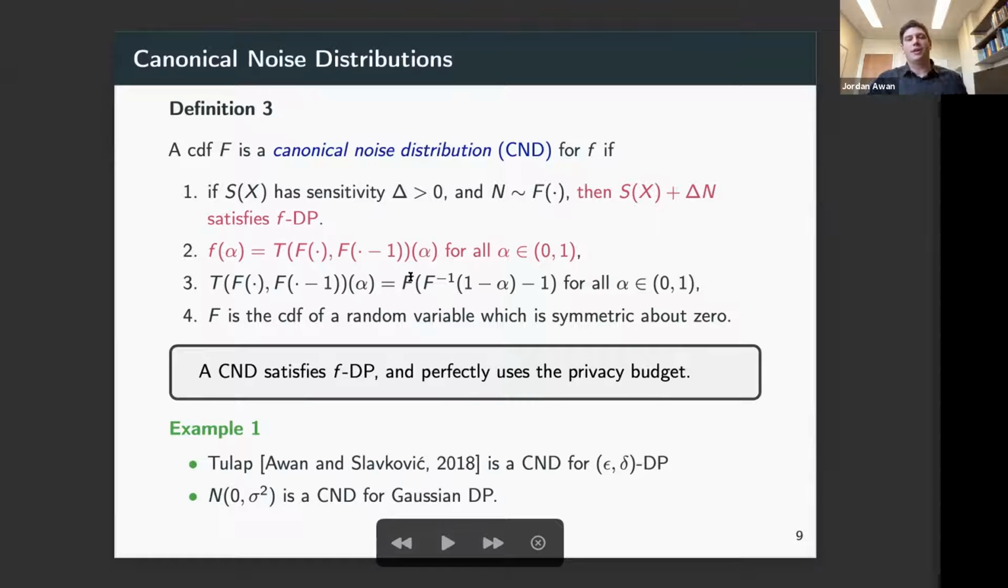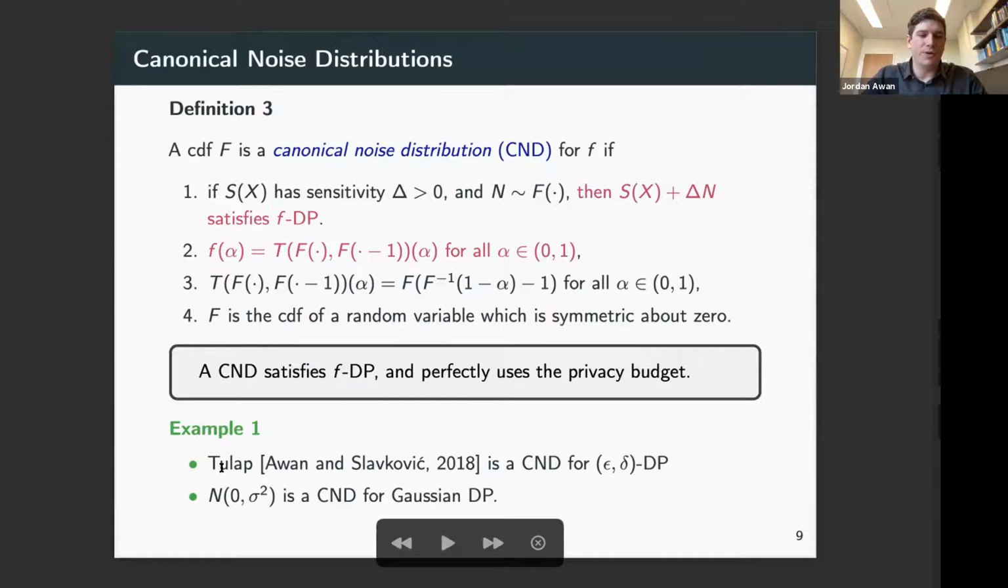This can be interpreted as saying that when I'm testing between the CND and the CND shifted by 1, the optimal rejection region should be a half interval from x to infinity, basically meaning that higher values give more evidence of the one shifted to the right. And finally, that we want this to be a symmetric random variable, which is not too much to ask. So this is a wish list of properties we would like to have.